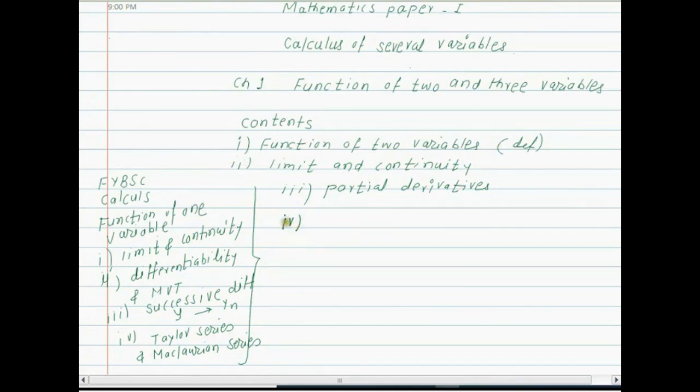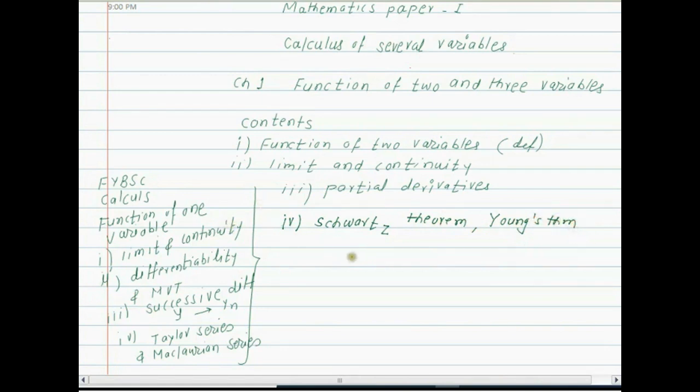Then Schwarz theorem and Young's theorem.